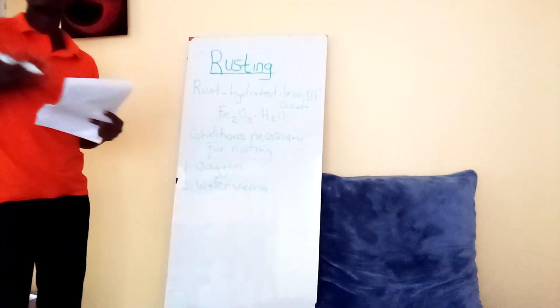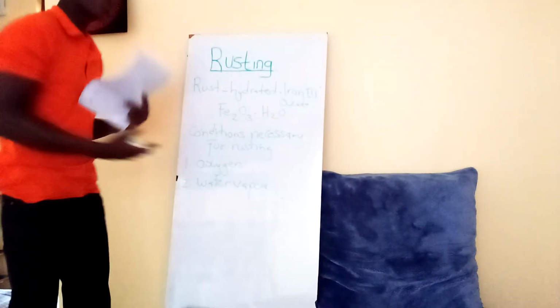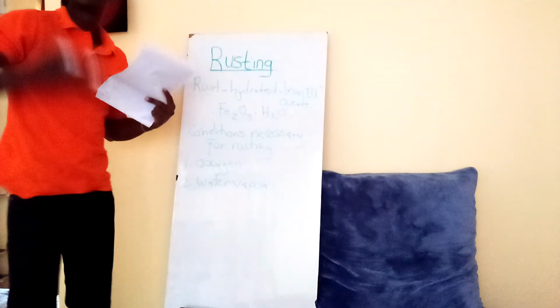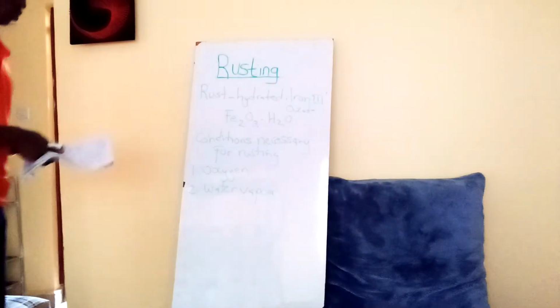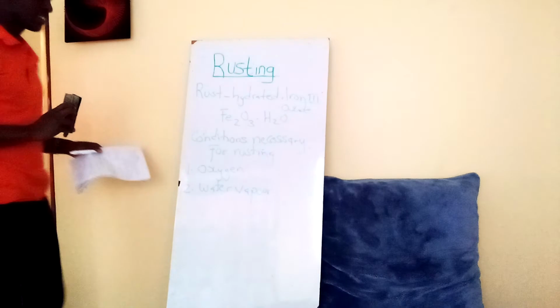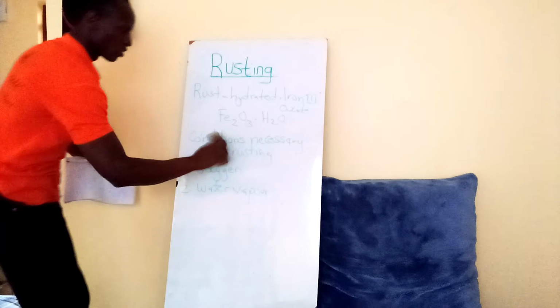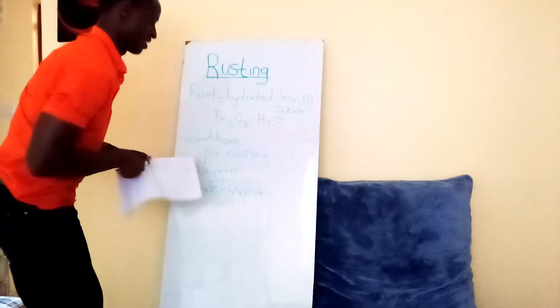We have other conditions which accelerate the rate of rusting. If these conditions are introduced, rusting happens faster, or the rate of rusting increases. So next we are going to look at conditions which accelerate rusting, not conditions necessary.